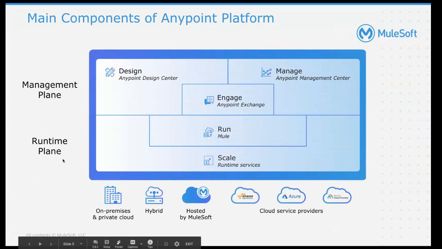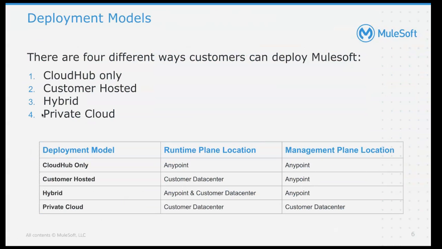This runtime plane can either be hosted on the customer data centers, it can be hosted in MuleSoft CloudHub, or we have also seen customers which have a hybrid model where they have some applications that are deployed in their on-prem data centers, and they have some applications that are in cloud. And there is another model which is the private cloud, right, where they have the management plane as well as the runtime plane deployed in their private data centers. So these are the four models.